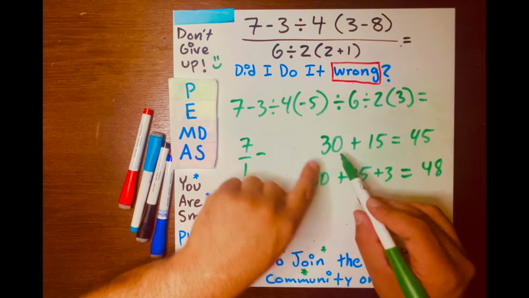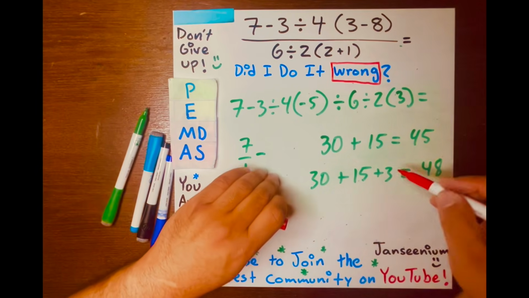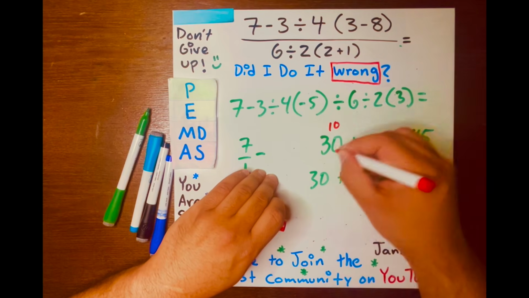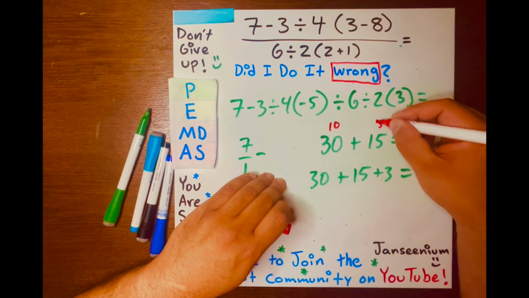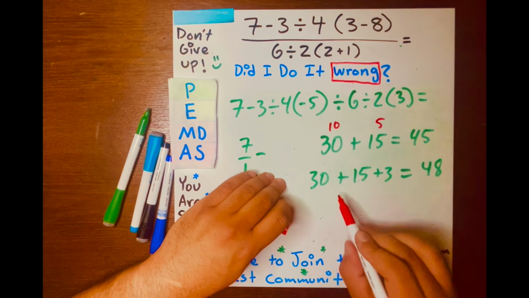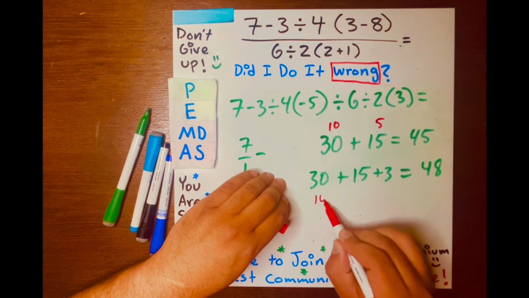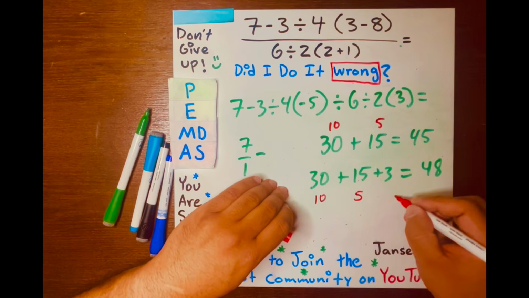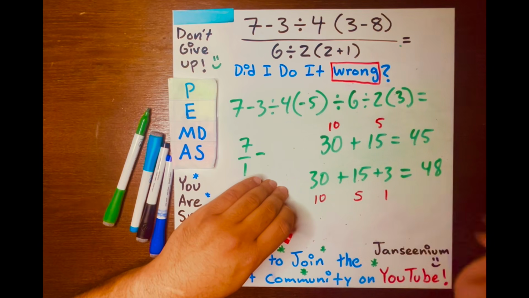So you can fit, and I'll use a different color here, 10 threes in 30. You can fit 5 threes into 15, right? 5 times 3 is 15. 3 times 10 is 30. And the same thing here. You can fit 10 threes into 30. You can fit 5 threes into 15. And you only can fit 3 into 3 one time.